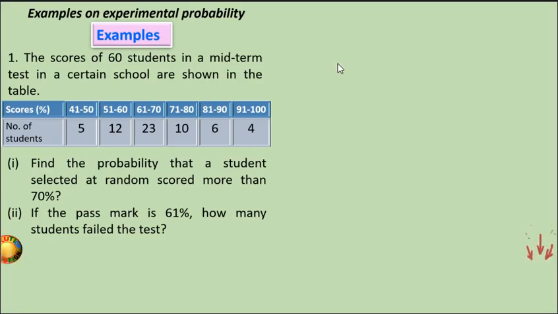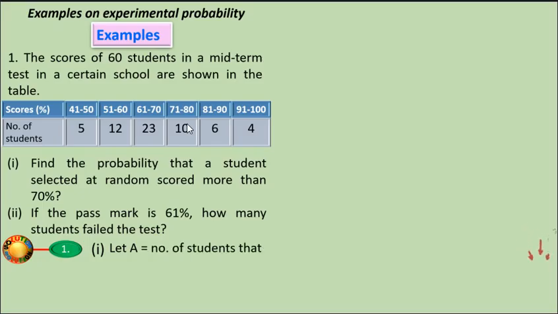Let's now solve this together. Number 1 says, find the probability that a student selected at random scored more than 70%. So let A be the number of students that scored more than 70%. Then we can go to the table.